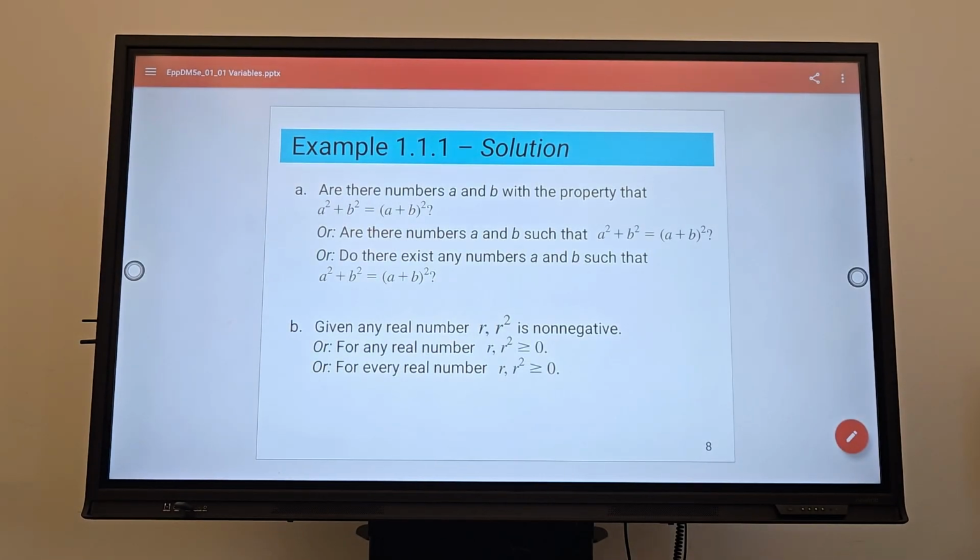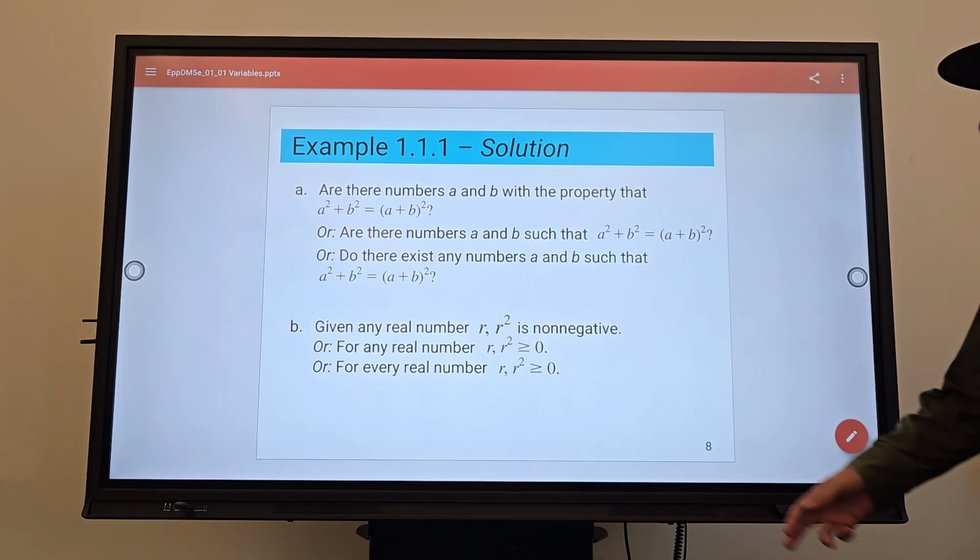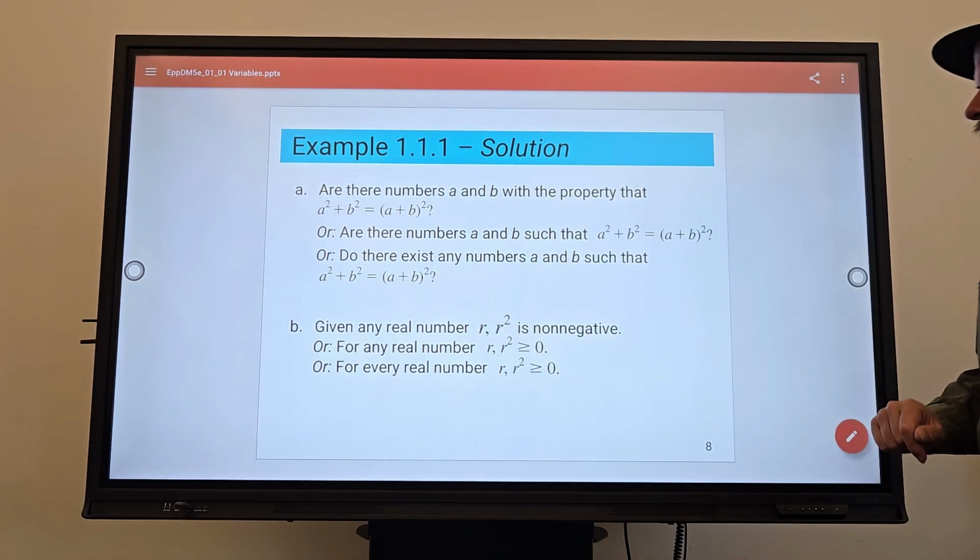That's one of the reasons why you mathematically formalize things, because English can be a little bit ambiguous and a little all over the place. There are lots of different ways of expressing the same thing in English. Given any real number, r squared is non-negative. I think I said the second one there on the previous slide.